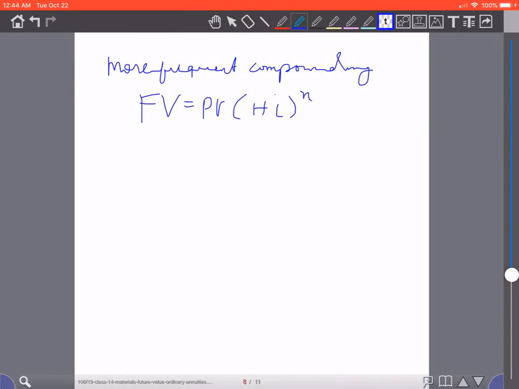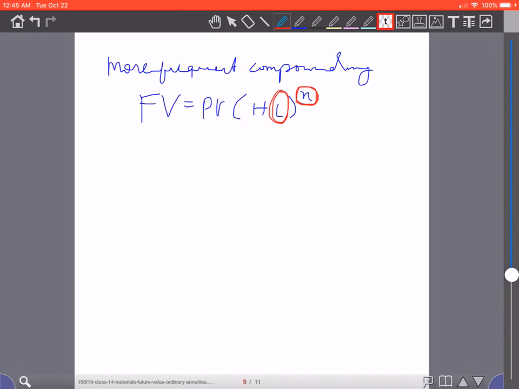Think about that for a second. When we had more frequent compounding, for example, suppose monthly or weekly or daily compounding, where did that show up in your formula? So we had to be careful in two different spots in our formula that there was more frequent compounding, in the exponent and in the interest rate.